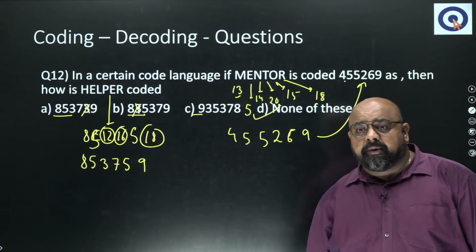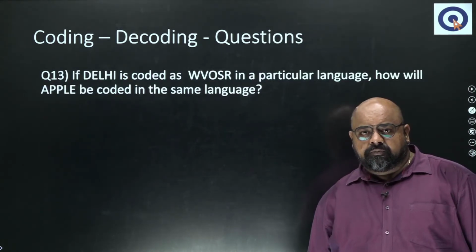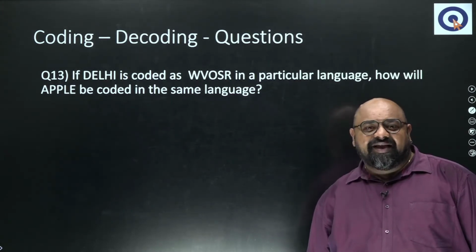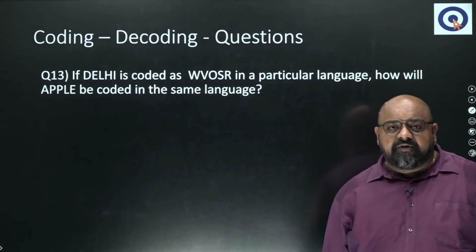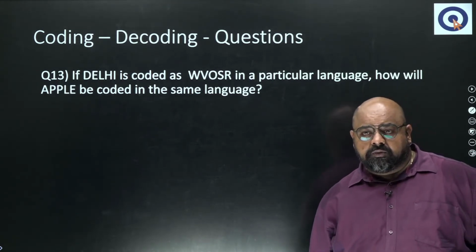Alphabet to number. Apple. If Delhi is coded as WVOSR, how will Apple be coded in the same language?